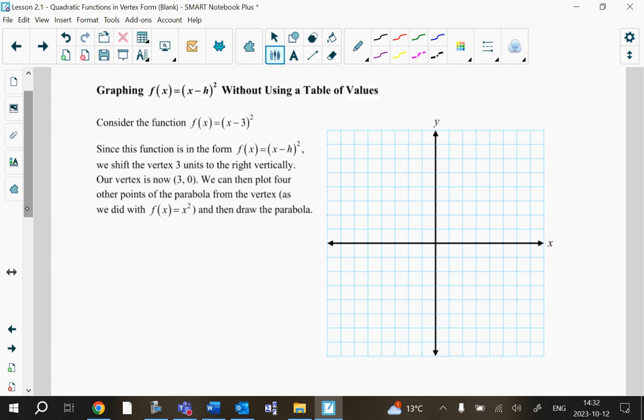Okay. Somebody tell me how to graph this. Somebody tell me what to do. Better yet, somebody even come up and graph it.